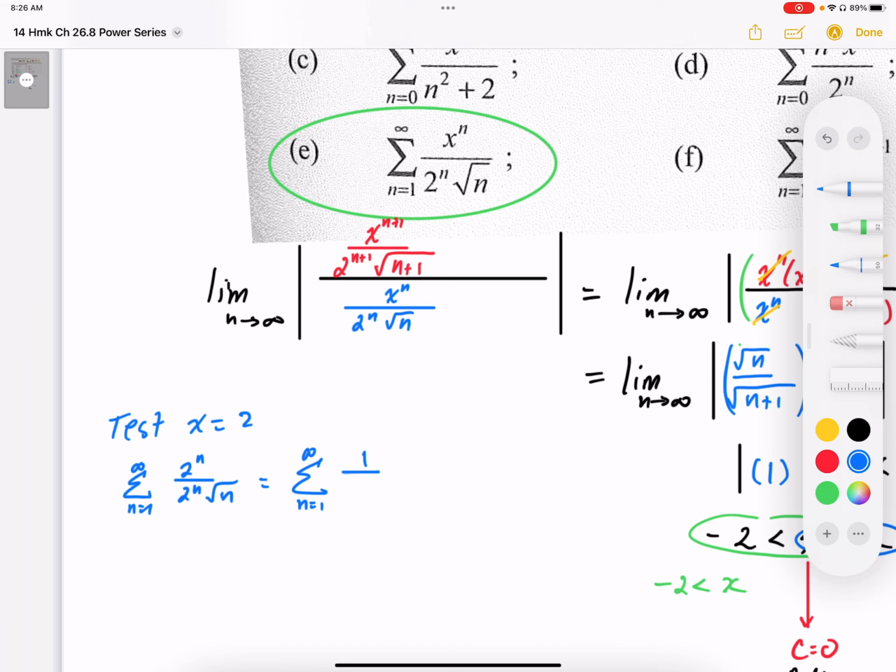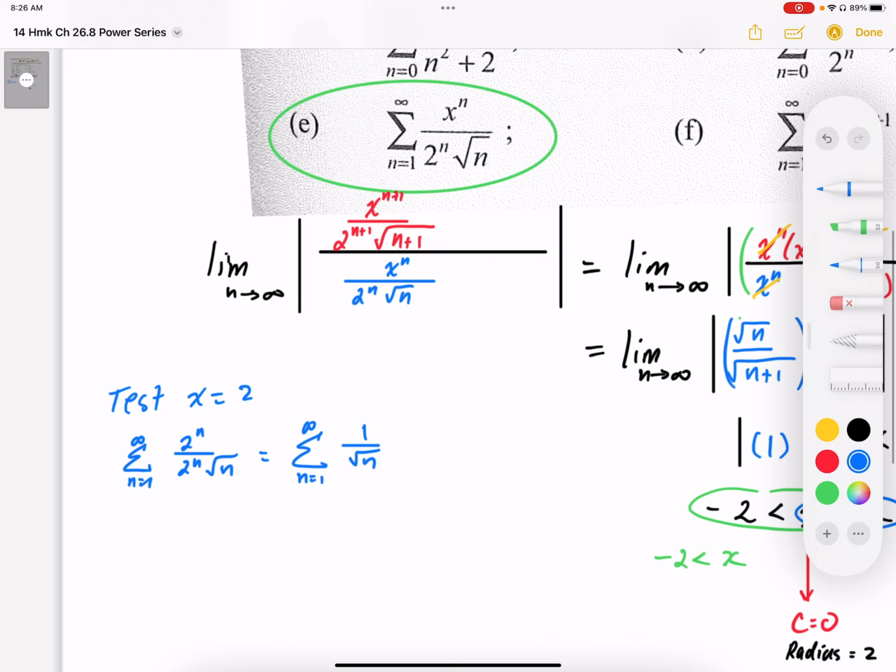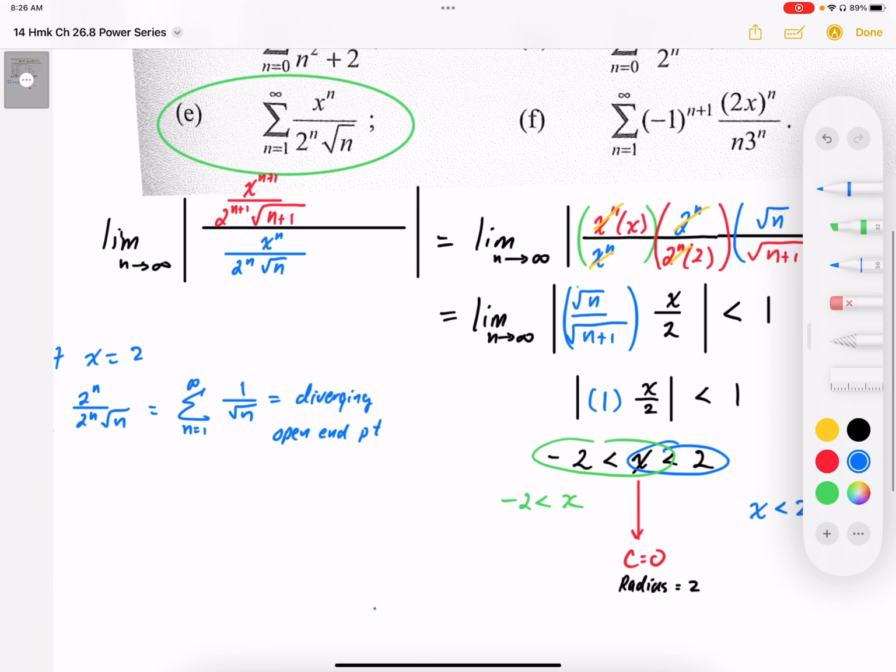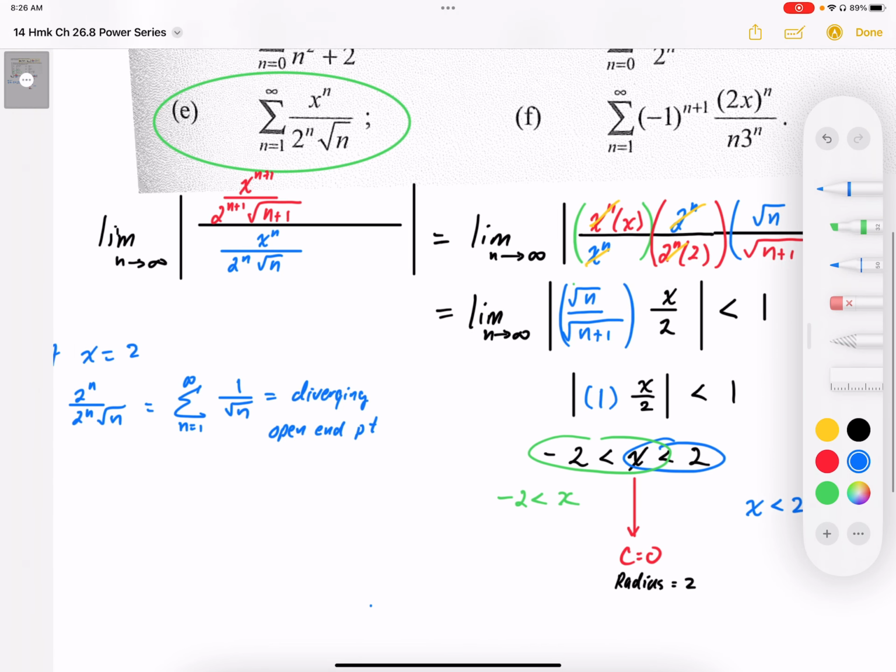This is a p series where the p is less than 1. That means it's diverging. Okay, so this is an open endpoint, so it's not equal to that right edge. Okay, so my right edge is less than 2.